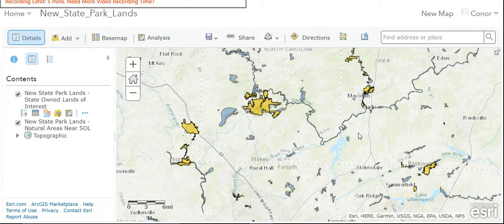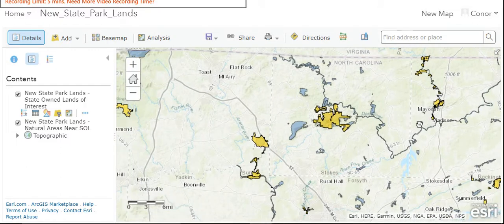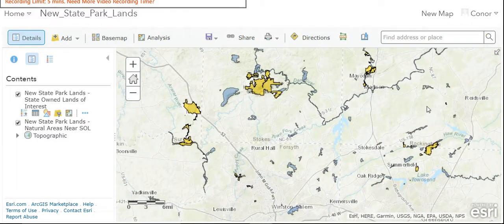That was sort of just limiting it to state parks and state forests, things of that nature. Then I got the natural heritage areas, and I did an analysis to find the natural areas within 1 mile of the state parks.